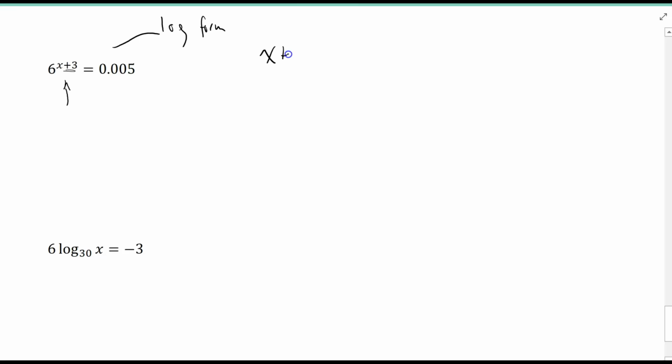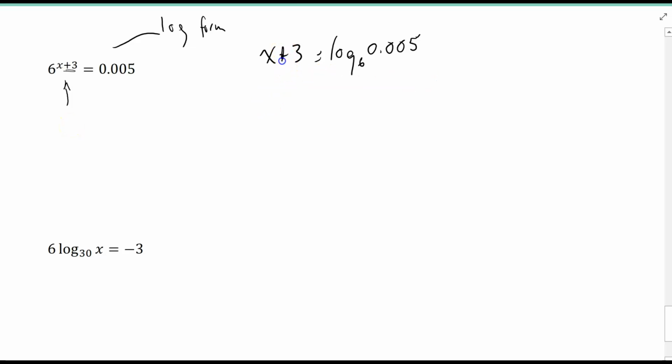So x plus 3 is equal to log base 6 of 0.005. This is just a number I can get from my calculator.